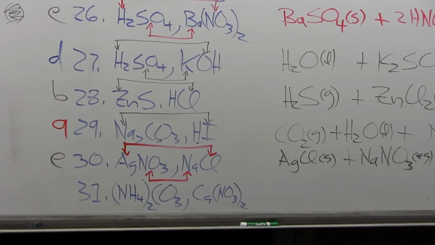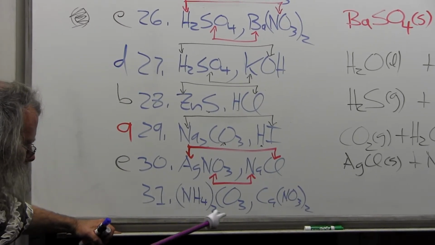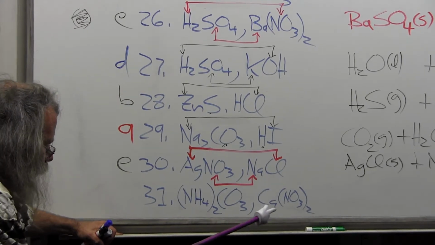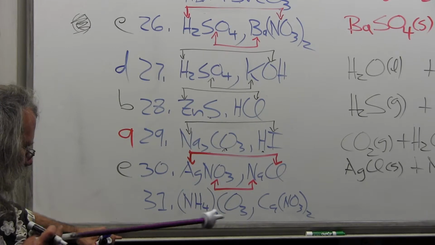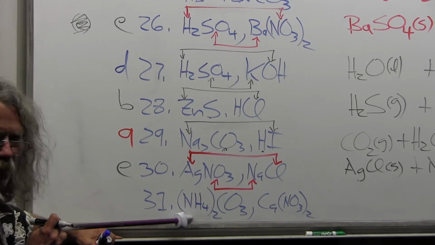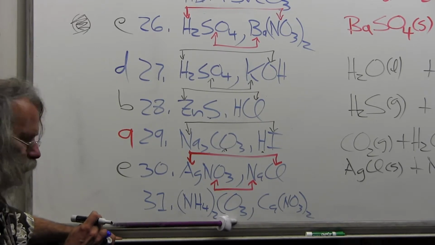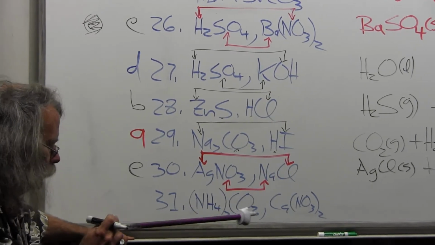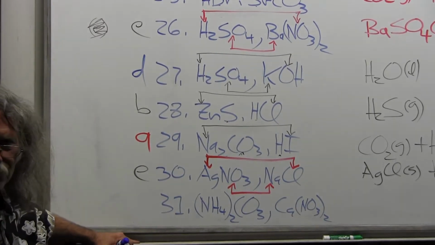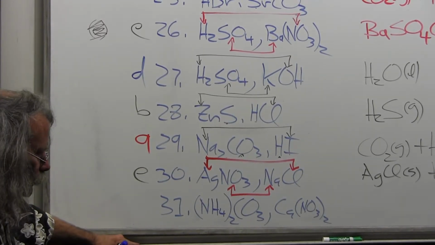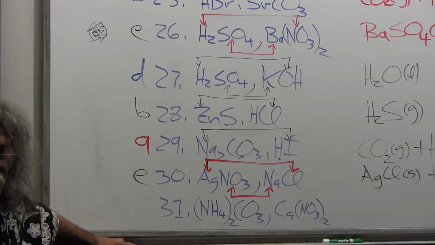Now number 31, the last in this series, is the pair ammonium carbonate and calcium nitrate. Okay, I've got to check, are those all soluble? Well, rule number 1 in solubility is that all ammonium salts are soluble, so I don't care what this anion is. This is soluble. Now, calcium nitrate. Well, rule number 2 is that all nitrates are soluble and acetates are soluble, so I know that this is going to be soluble, so I have no insoluble starting material.